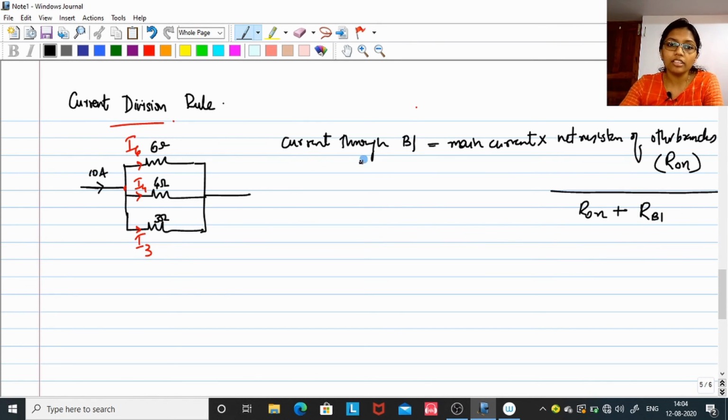Current through branch number 2 will be the main current into the net resistance of the other branches, excluding the branch under consideration, divided by that same value plus the resistance of the second branch.